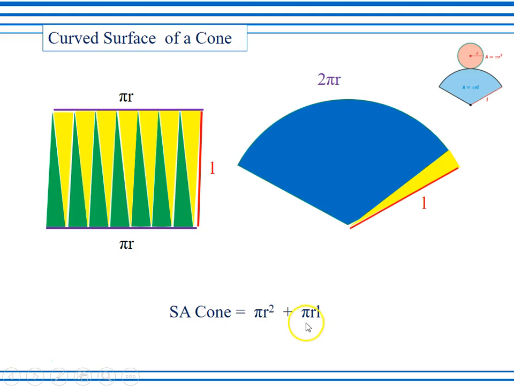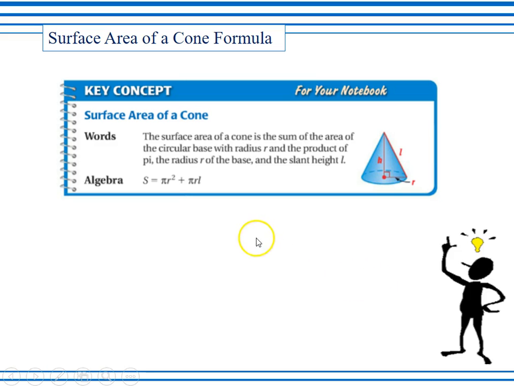So the surface area of the cone is going to be pi r squared, the area of the circle, plus the sector, which is pi r L. So the key concept is the surface area formula. We just discussed it. This is the circle, pi r squared, and then I explained to you how we got the surface area of this lateral curved surface that forms a sector when it's opened up for the net.